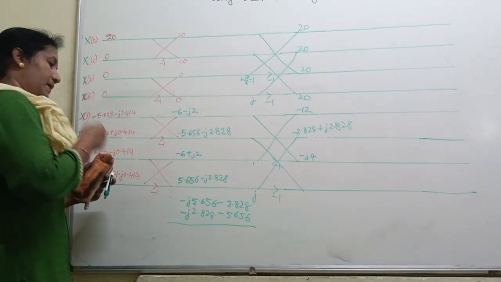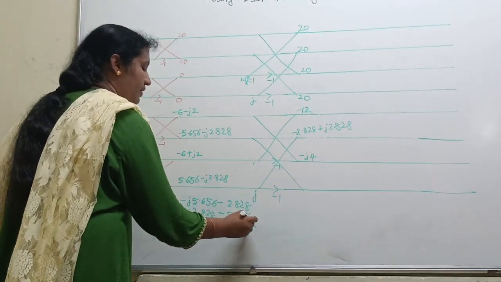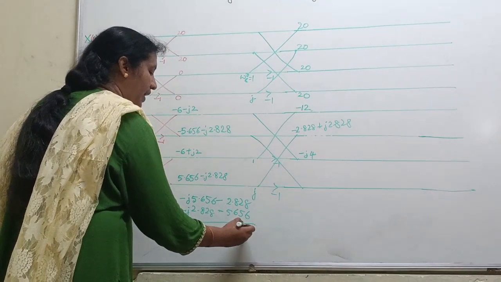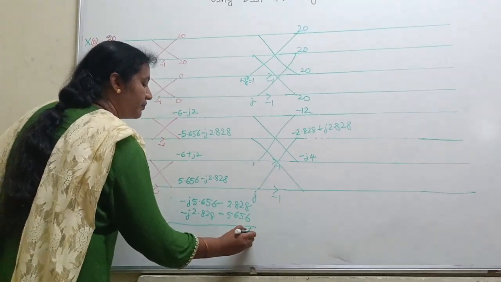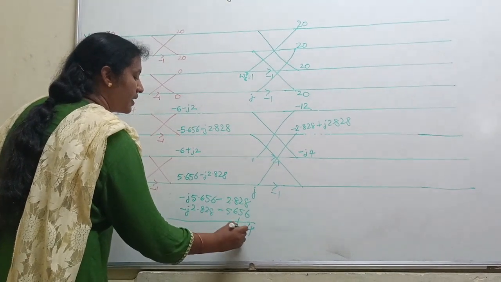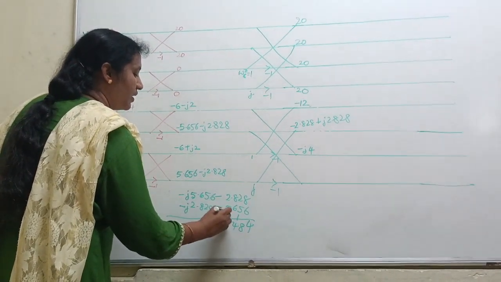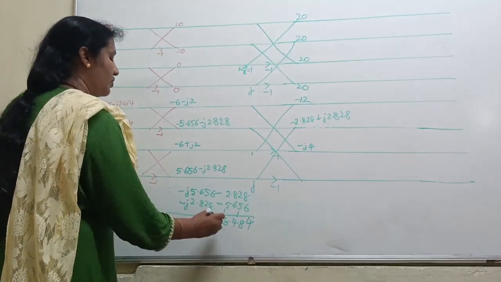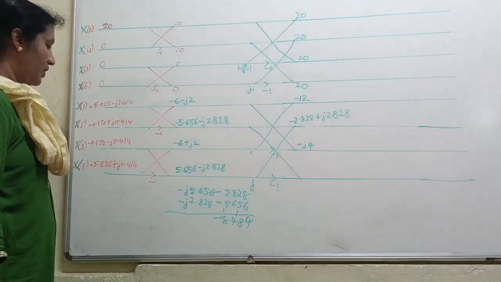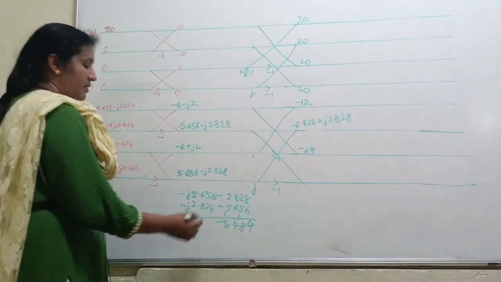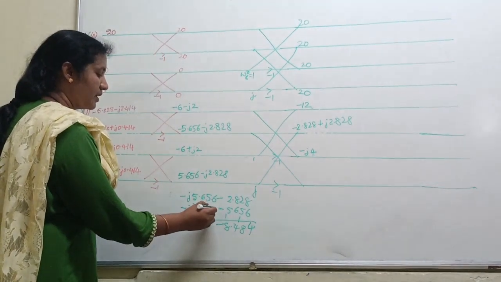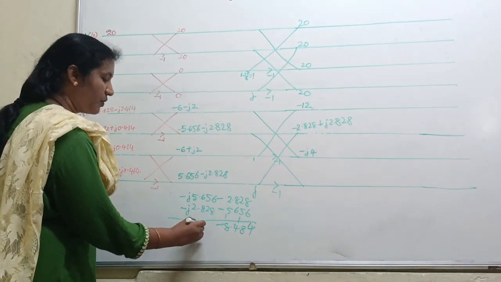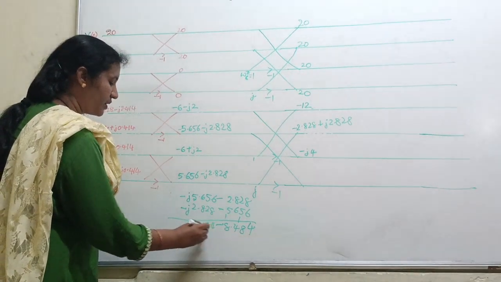Yes, 8 and 6 plus 8, that means 14 we will get. Next it is 8, next 14 and then 8. So minus 8.484 we got. And here again we have to add. This also we got 8.484, but it is minus j.